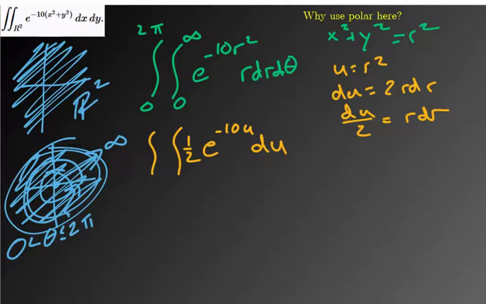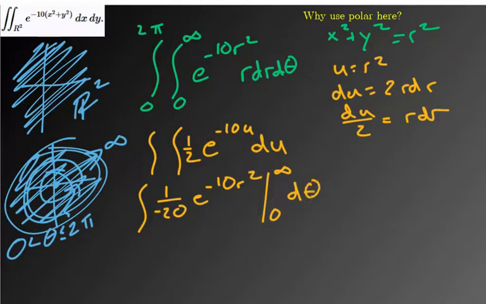So we would basically get 1 over negative 20, and then e to the minus 10 u, but u is r squared, going from 0 to infinity, and then we have just d theta left over, with theta running 0 to 2 pi.